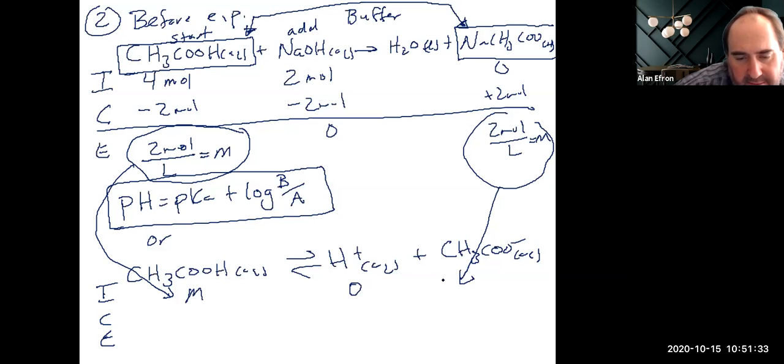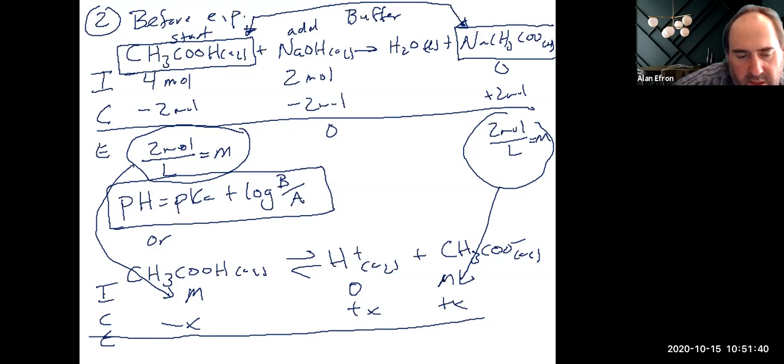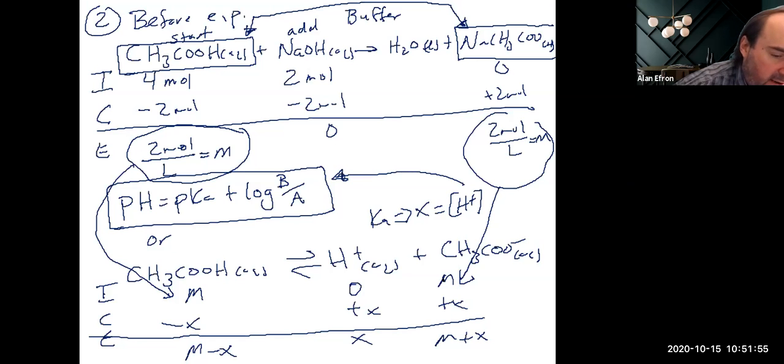So you would need a molarity on both sides, -x, +x, +x, molarity -x, x, molarity +x. You would go into your Ka, get your x would equal your H+, and your H+ would get you to the same pH as you did here.